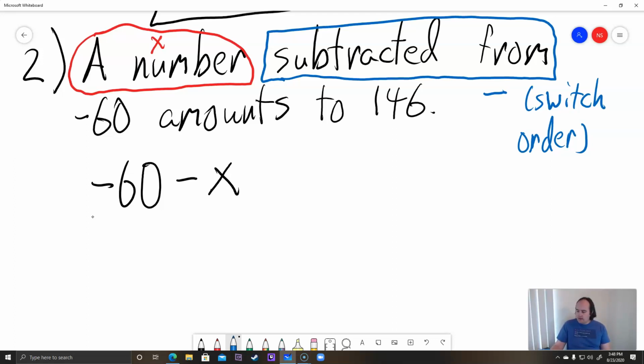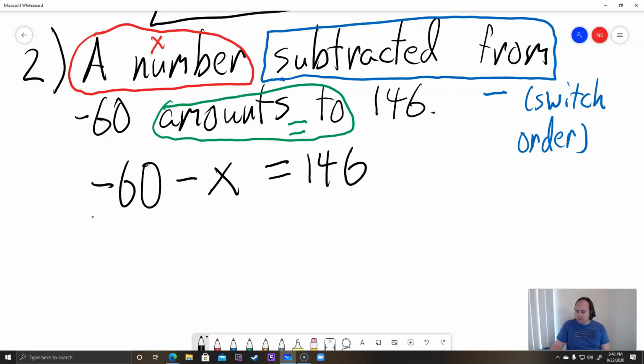And then what about amounts to? What do you think amounts to means? Well, amounts to is just like saying is, so that actually means equals. So amounts to means equals. So we have -60 minus x equals 146. And that's going to be our answer.